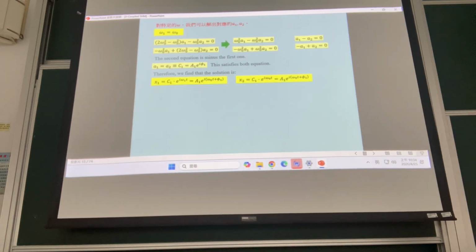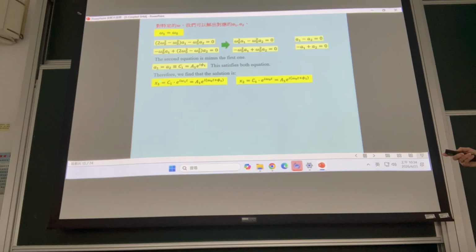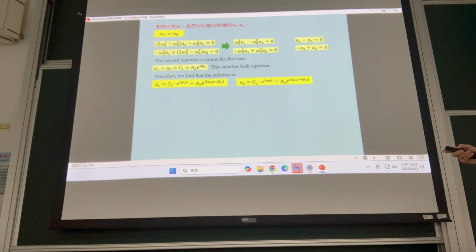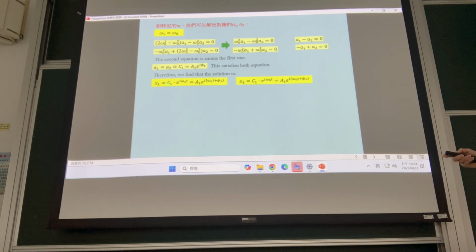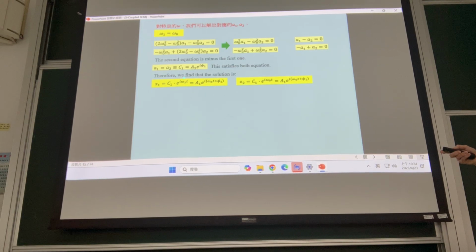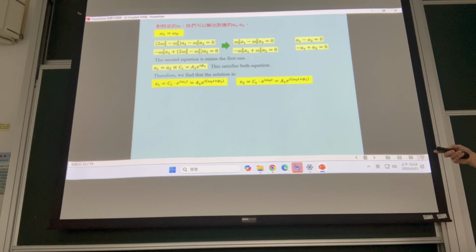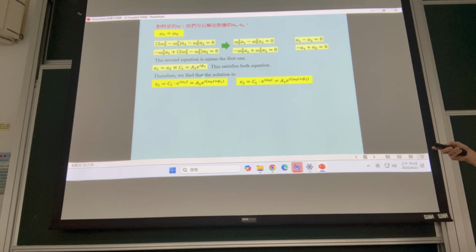And then if you put it back into x1 and x2, x1 is A1 times exponential i omega t, so it becomes C1 exponential i omega t. Okay? And C1 is this. So then you can combine the argument with i omega t to arrive at A1 exponential i (omega 0 t plus phi 1).